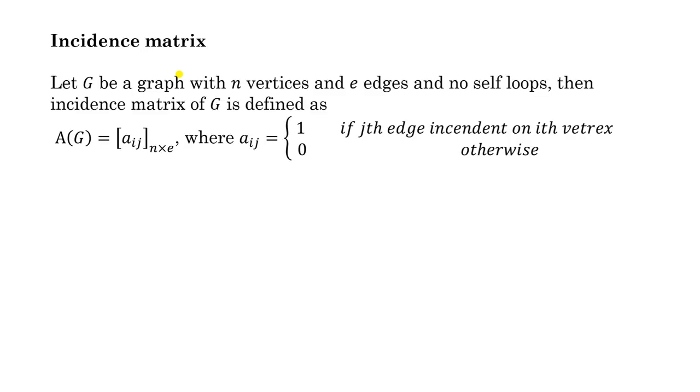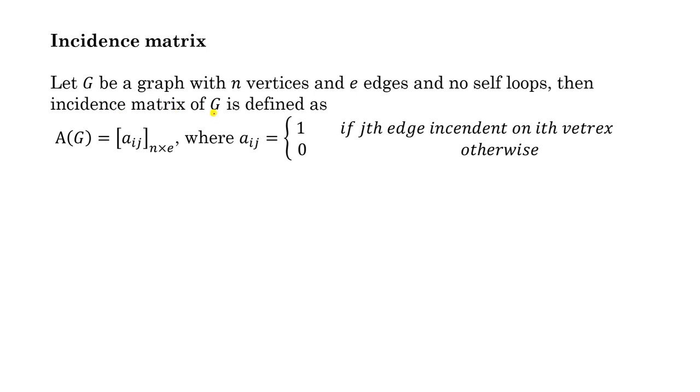So here in this lecture we will discuss two such matrices so that you can understand how we can represent a graph in the form of matrices. The first one is the incidence matrix. Let G be a graph with n vertices and e edges and no self loops. Particularly here we are discussing simple graphs.